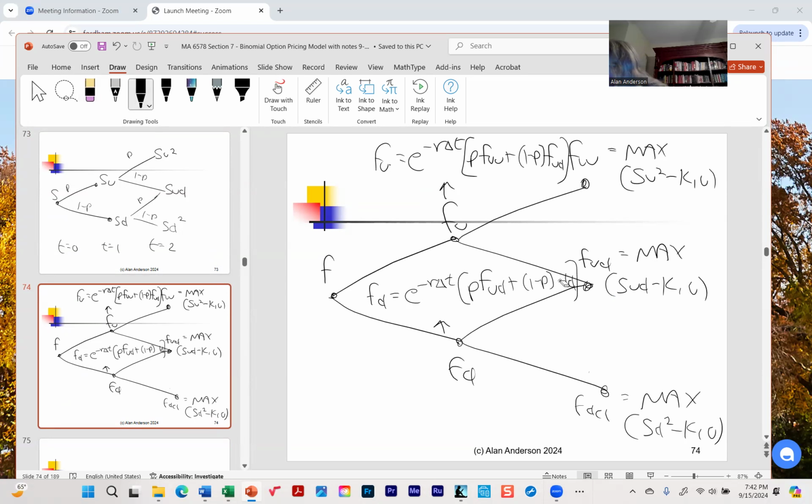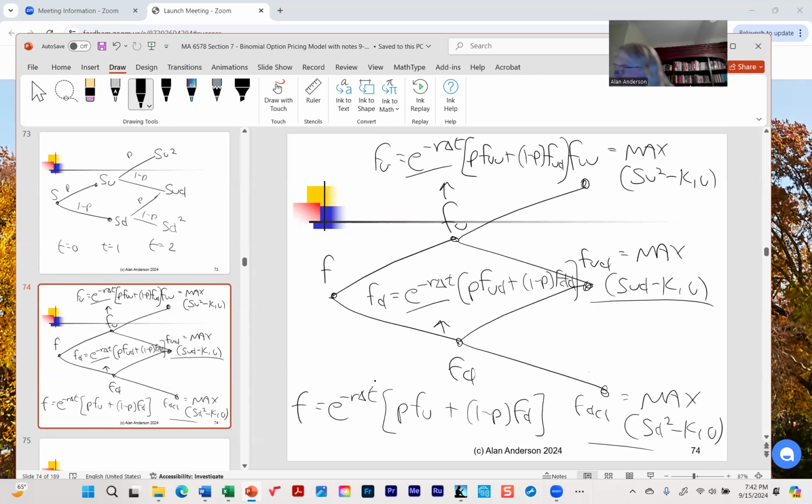There we go. So in other words, always the present value, and P means we're going up to this node, 1 minus P means we're going down to this node. And then finally, F itself is going to be this, because from F, we can only reach two nodes, FU and FD.